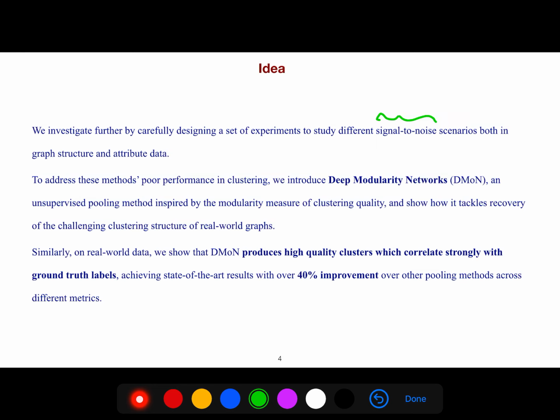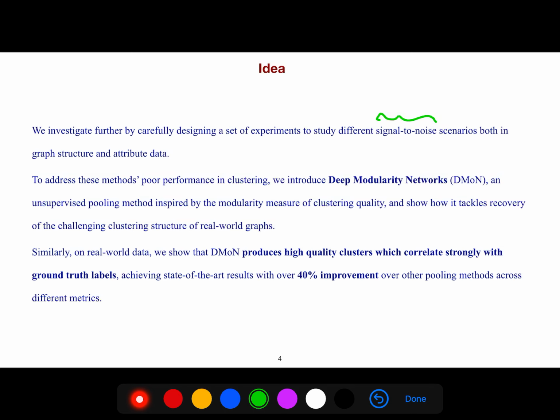To address these methods' poor performance in clustering, we introduced the deep modularity network, DMoN, an unsupervised pooling method inspired by the modularity measure of clustering quality, and show how it tackles recovery of the challenging clustering structure of real-world graphs.